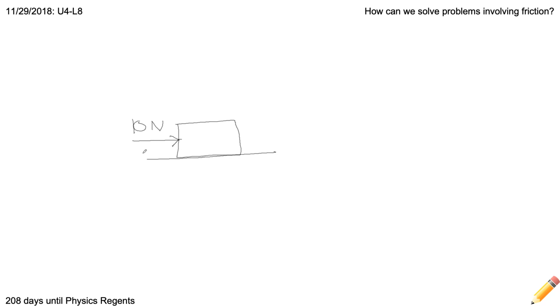Now, the key is that it tells us that the object is in equilibrium. What can we conclude from the object being in equilibrium? Well, we know that equilibrium means that a equals 0. And the only way a can equal 0 is if F net equals 0.